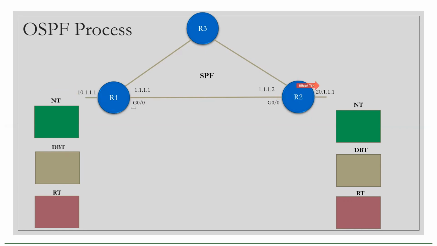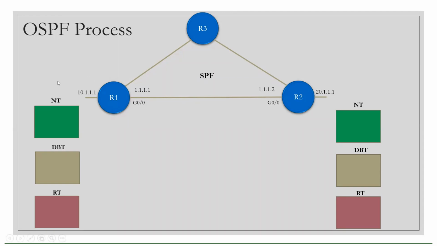And the interface G0/0 in the R1 is connected to 1.1.1.1, and here in R2 it is 1.1.1.2, right? Now, first thing first, how will OSPF happen, how are the tables updated, and what are the packets there? So let's see. Let me quickly take this annotation off from here and let's start off.